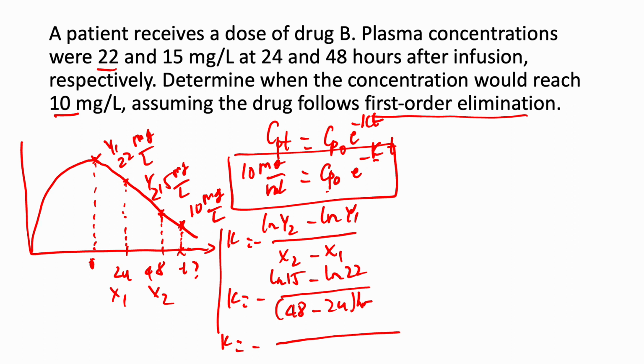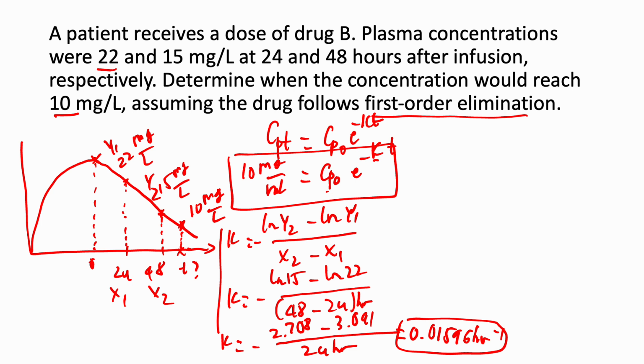Natural log of 15 is 2.708. Natural log of 22 is 3.091, divided by 24 hours. From this equation, I have the K value equal to 0.01596 per hour.